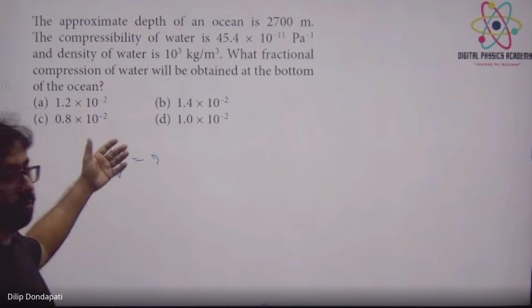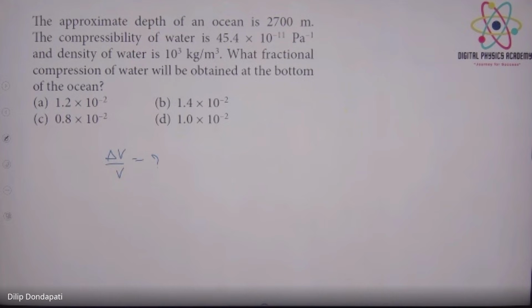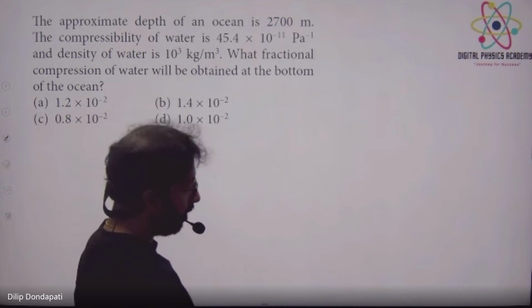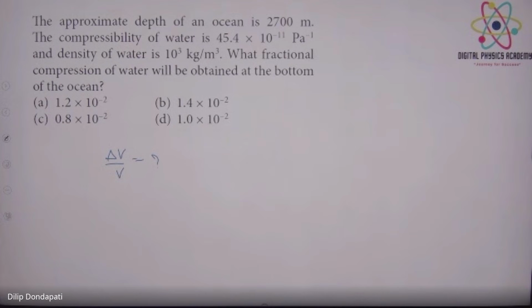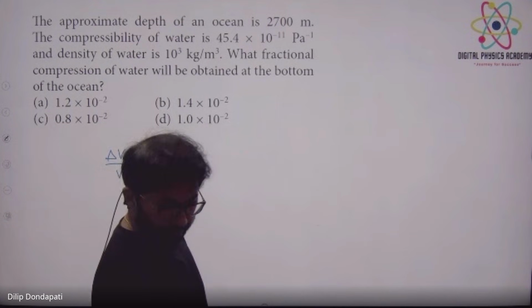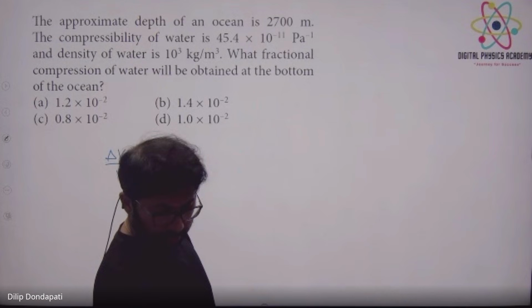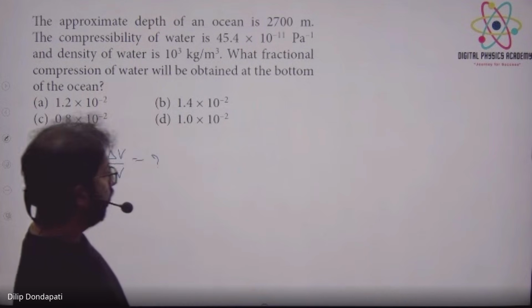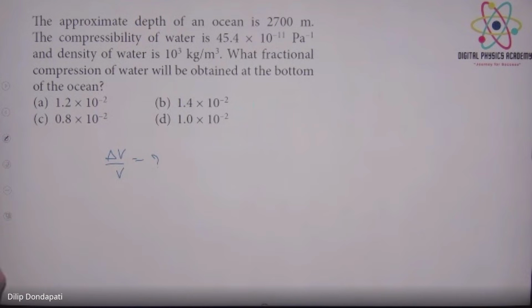So fractional compression means delta V by V. Yes, fractional compression is delta V by V. So 1.2 into 10 to the power minus 2. देखें. इसका क्वेश्चन स्टार्ट कर लो पूरा. तो यूज करो कितना.